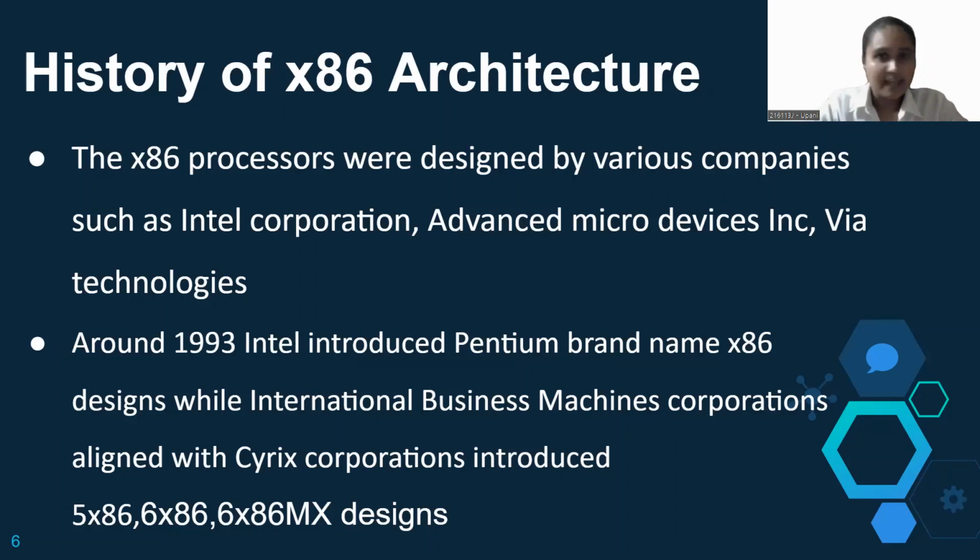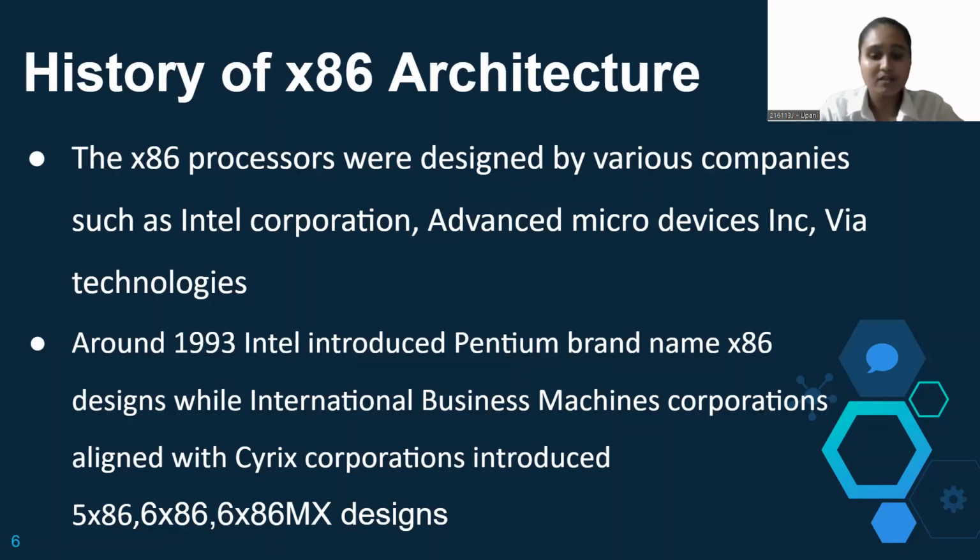In 1985, Intel introduced the microprocessor 80386, which was later renamed as the i386 microprocessor. Following that, in 1989, they introduced the i486 microprocessor. The i486 microprocessor had higher performance than the Intel i386.